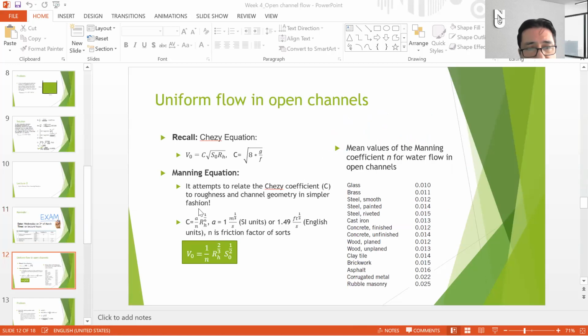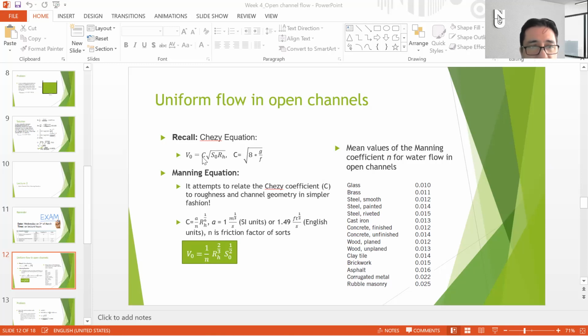Okay, so the second equation you are going to learn today is the Manning equation. The Manning equation is also quite similar to Chezy, in a little bit simpler fashion. Most engineers think that Chezy is easier. I don't know. It's up to you. But if I provide you the Manning coefficient, it means that you are going to use the Manning equation in your exam questions.